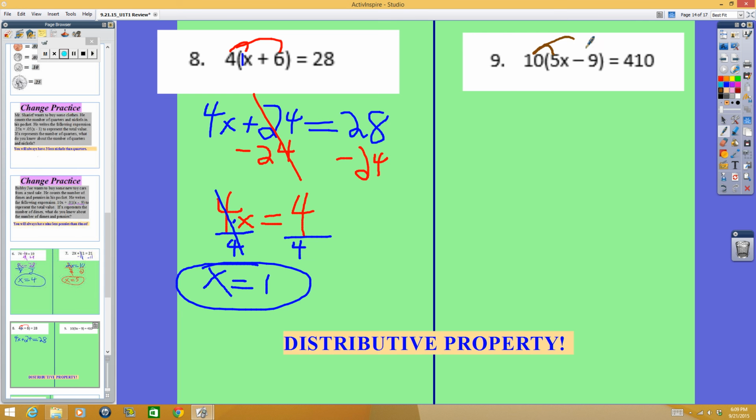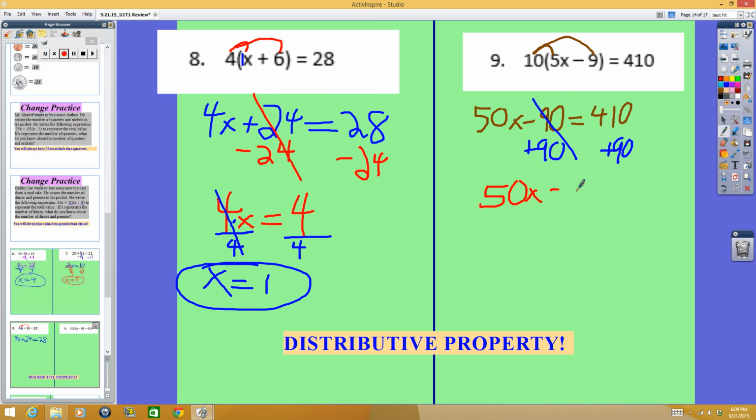10 times 5x is 50x. Minus 10 times 9 is 90. Equals 410. We can get rid of this minus 90 by adding 90. 50x equals 500.